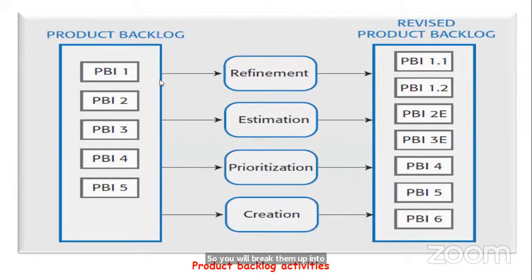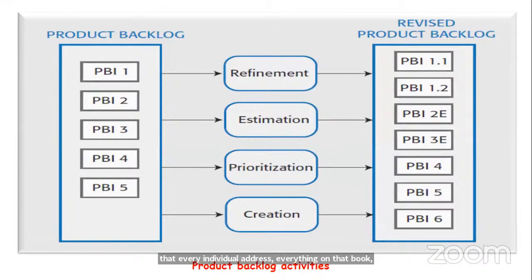You have the PBI 1, refinement, PBI 2, estimation, prioritization, creation. The backlog that you have for a sprint or for a Scrum meeting can be broken down into smaller lists in such a way that everything on that bucket list can be quickly attended to.